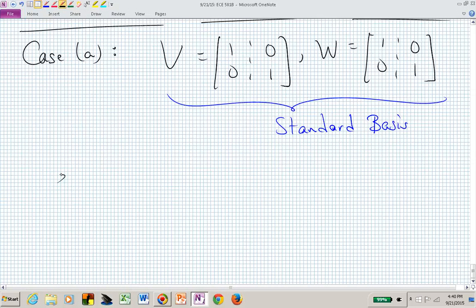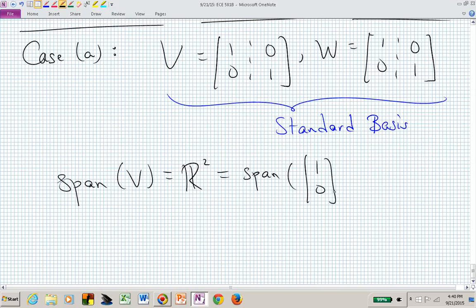In this case, and in all cases actually that I've selected, the span of V is all of R2, which is the span of 1, 0, and 0, 1, or where we can get to by any linear combination of V1 and V2.